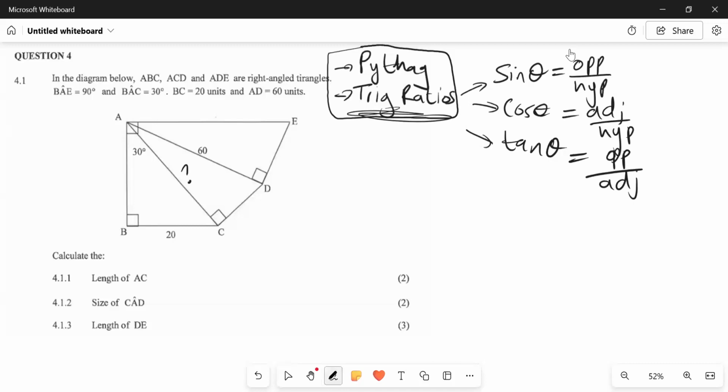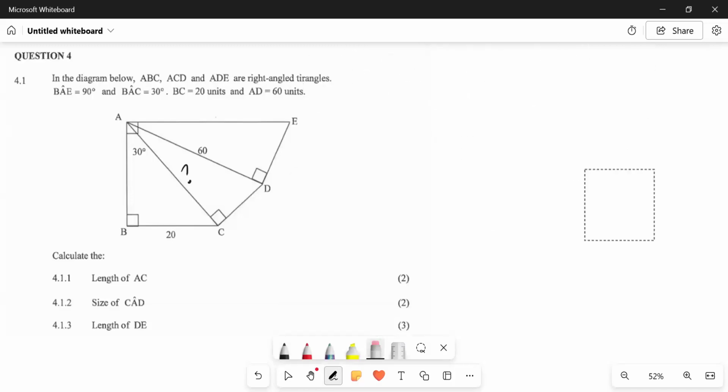But before you even calculate the length of AC, you need to specify which triangle you're working with. In this case, I'm working with triangle ABC, right?